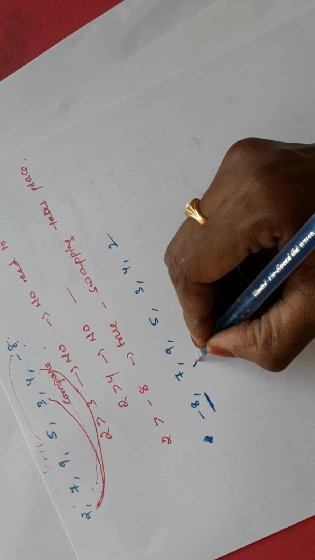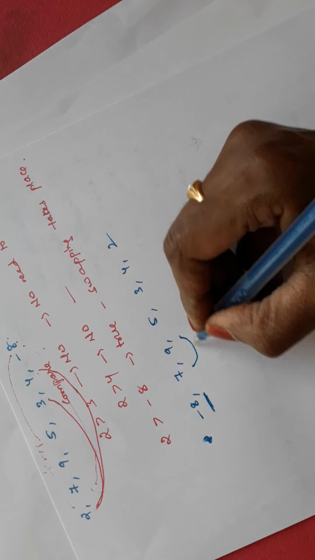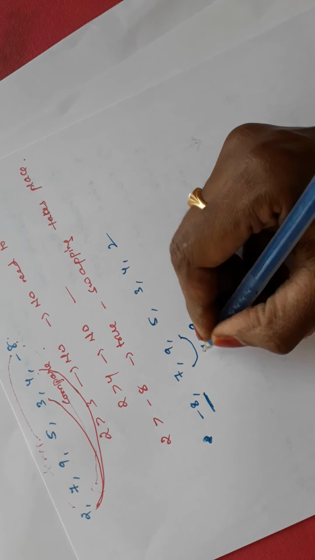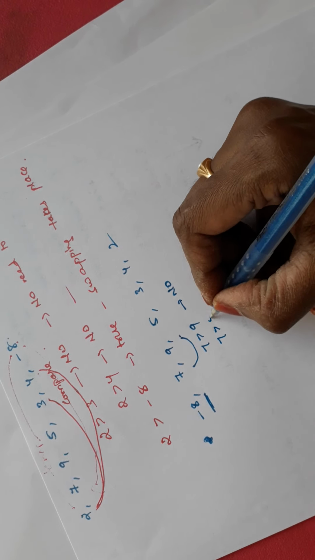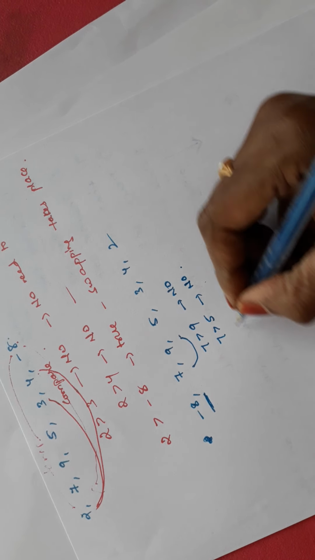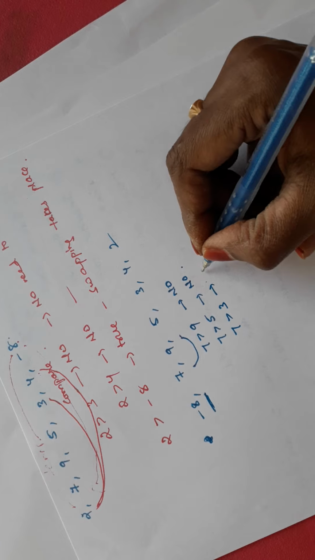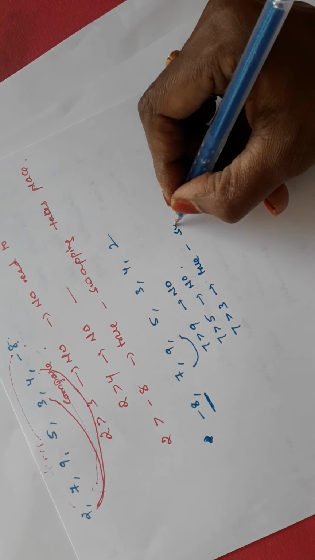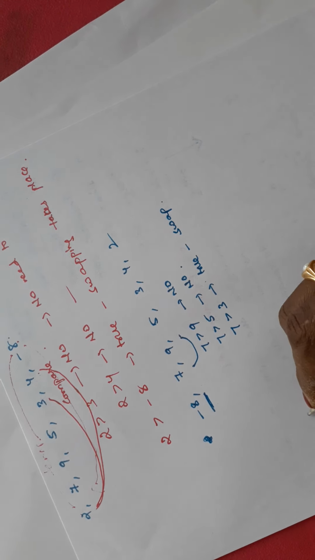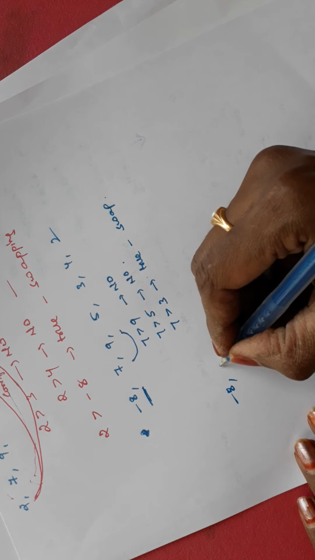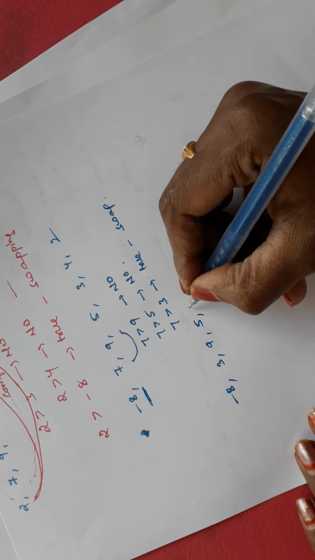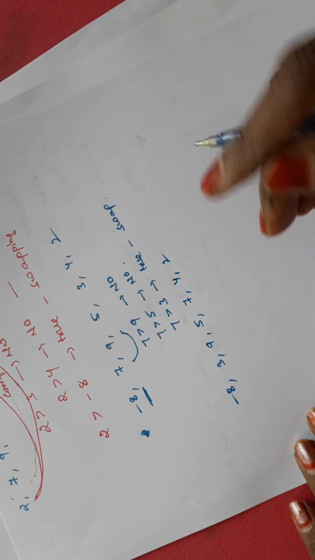Now compare again 7 and 9. Is 7 greater than 9? No. 7 greater than 5? No. 7 greater than 3? Yes, it is true, so swap. Now the array becomes minus 8, 3, 9, 5, 7, 4, 2.